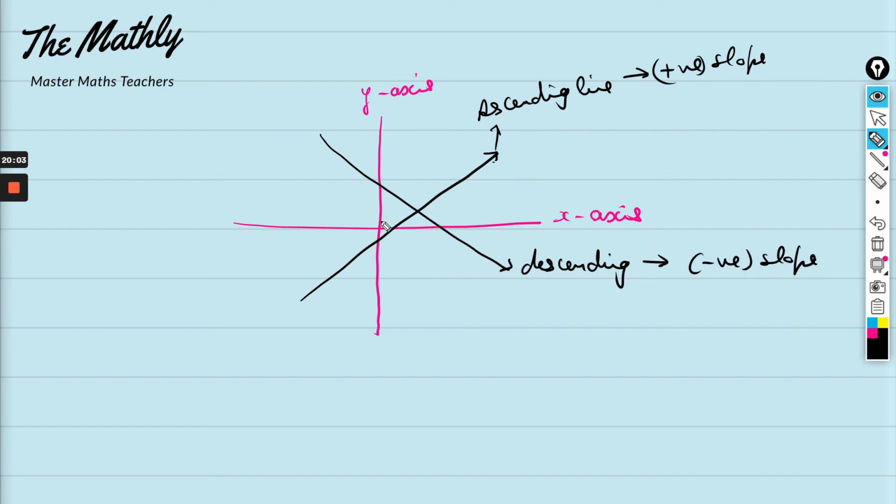Now, I'll try to draw a parallel line, but please bear with me.